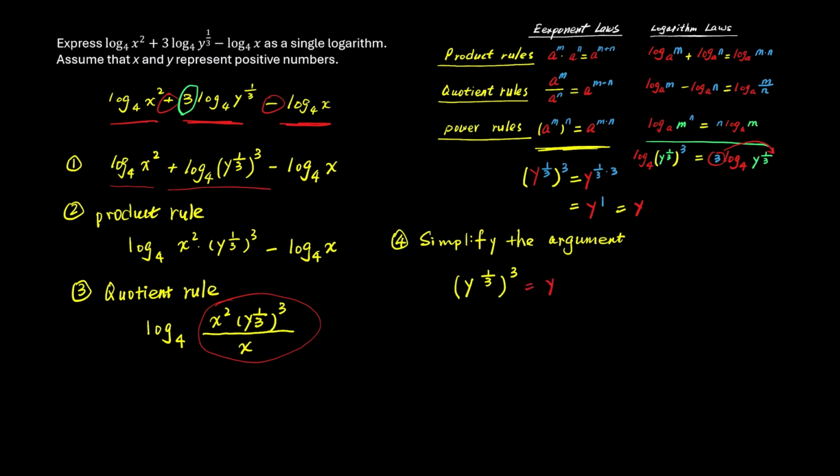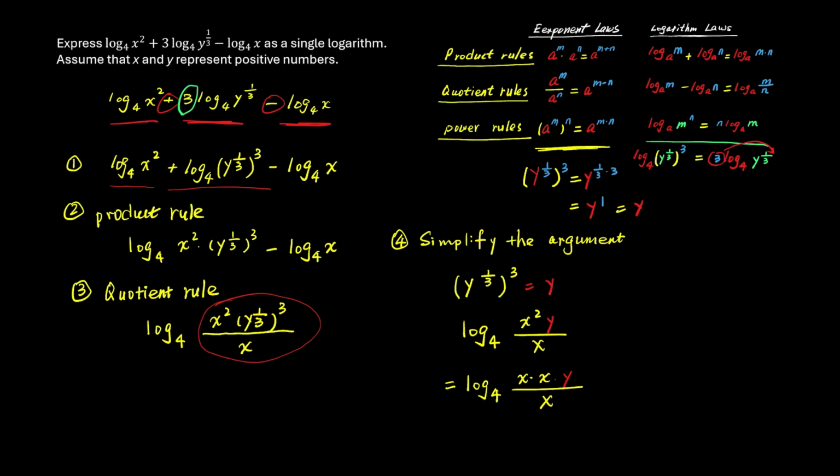So our log expression now looks like this: log base 4 of x squared times y, divided by x. Now we can also simplify the x. X squared is actually x times x, and we still have times y, then divided by x.